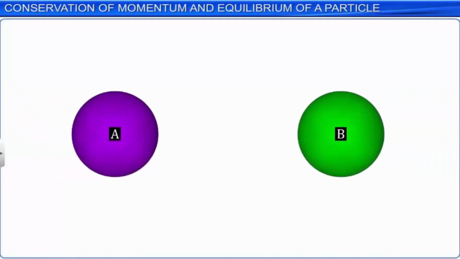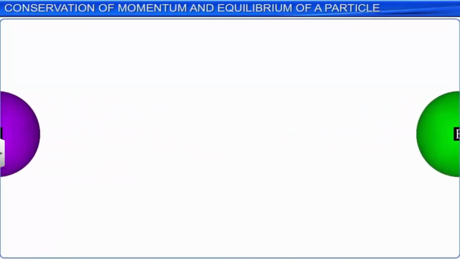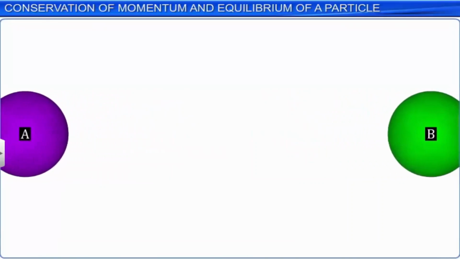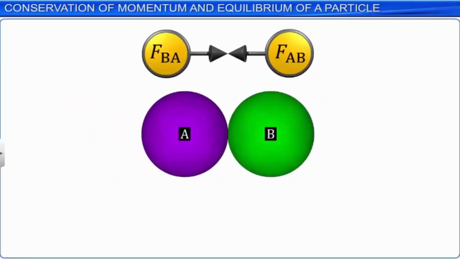Let us apply this law to the direct collision between two bodies. Let the initial momentum of A before collision be Pa, and the initial momentum of B before collision be Pb. When A and B collide, there are two forces created, one on each body, for the same interval of time delta t.